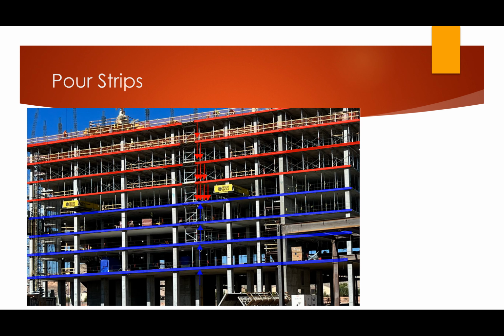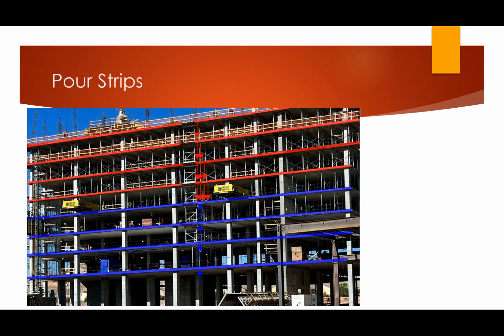You can see that the slabs in red are the ones that have not had the pour strip infilled yet. In fact, it's possible even one more of these was not infilled, but we're not 100% certain. But we have an accumulated force in that backshoring system of 1, 2, 3, 4 different slabs in red. And then we have just 4 slabs in blue resisting that.